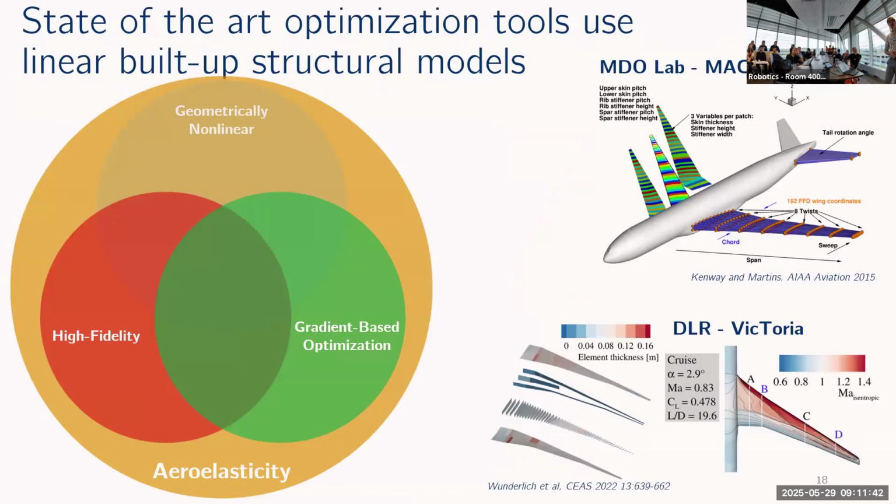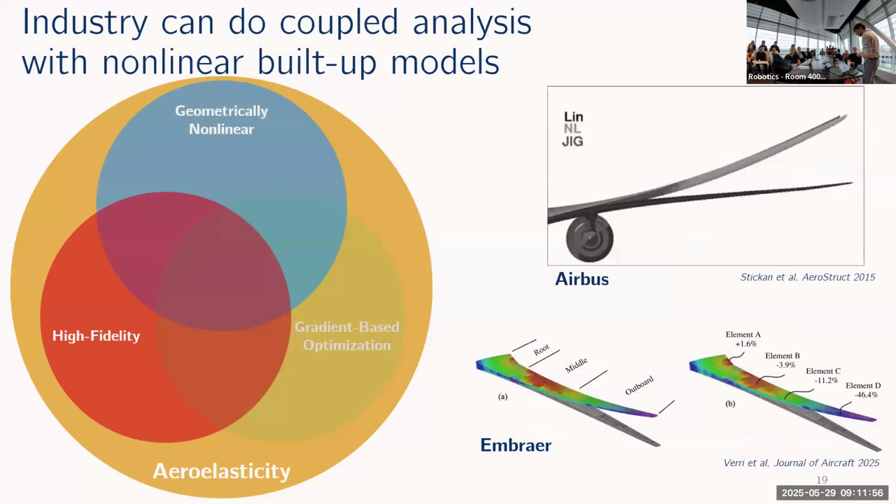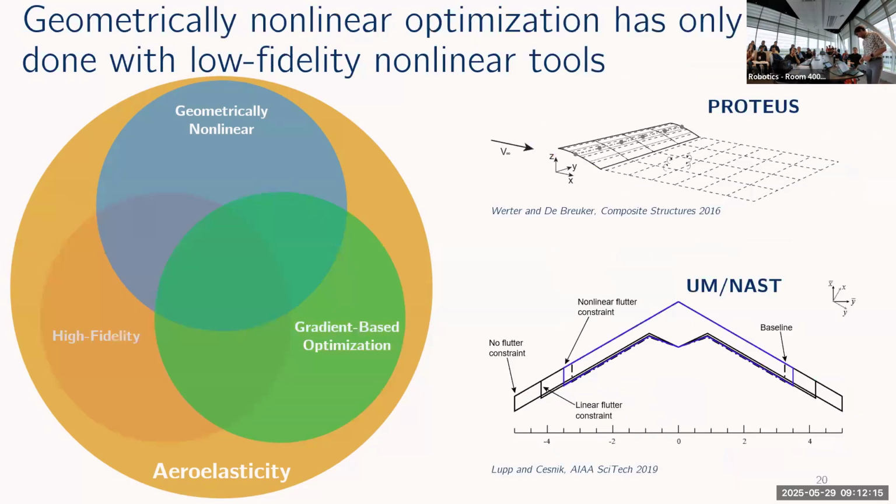As I showed a couple of slides ago, the current state of the art in high fidelity aerostructural optimization uses RANS CFD coupled to linear shell finite element models. There are a couple of published examples from people at aircraft manufacturers using RANS CFD coupled to high fidelity nonlinear structural models, but only for analysis, not for optimization.